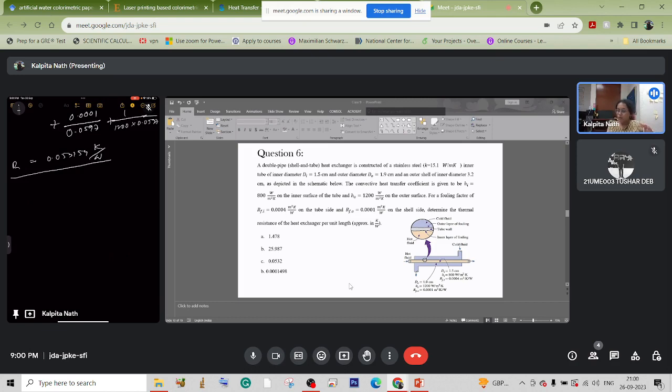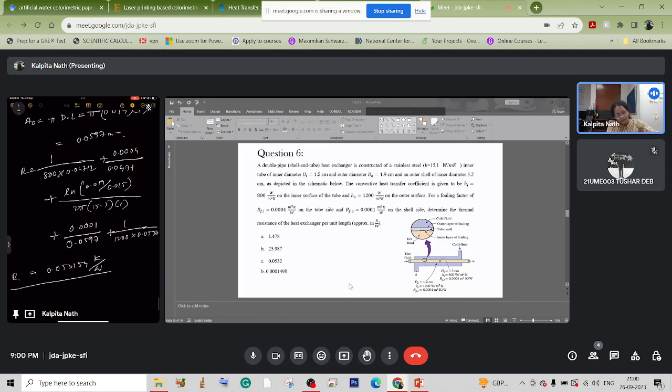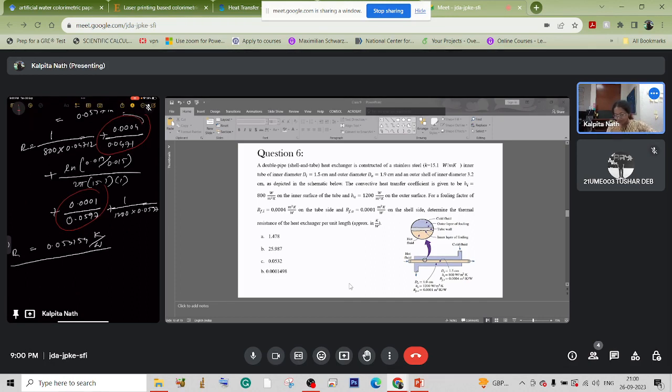Now, how much resistance is offered due to fouling? What we'll do is add these two terms.